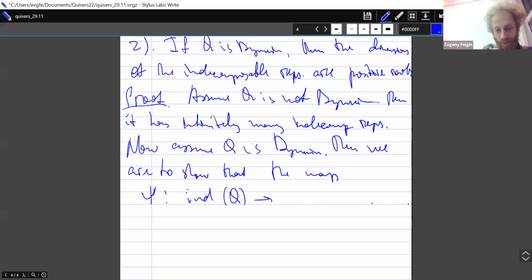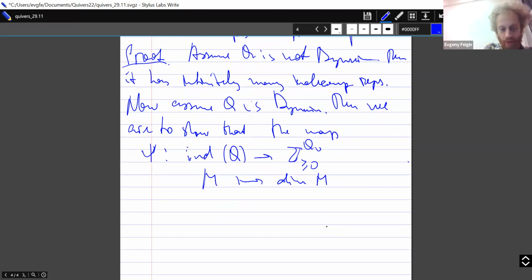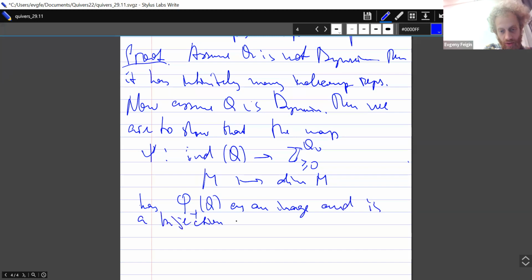The map psi from indecomposables of Q to Z≥0^{Q_0}, sending M to the dimension of M. We want to show that this map has Φ+ of Q as an image, and is a bijection between indecomposables of Q and Φ+ of Q.